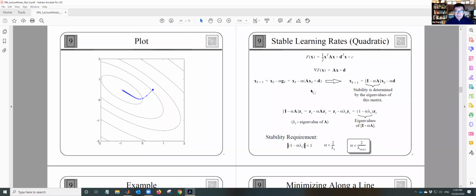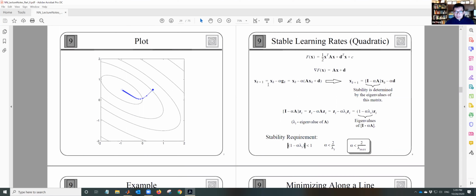Make sense? Last time, someone asked me a question: how can I make sure my learning rate is stable? You see, this is a quadratic function form, and you get the gradient.